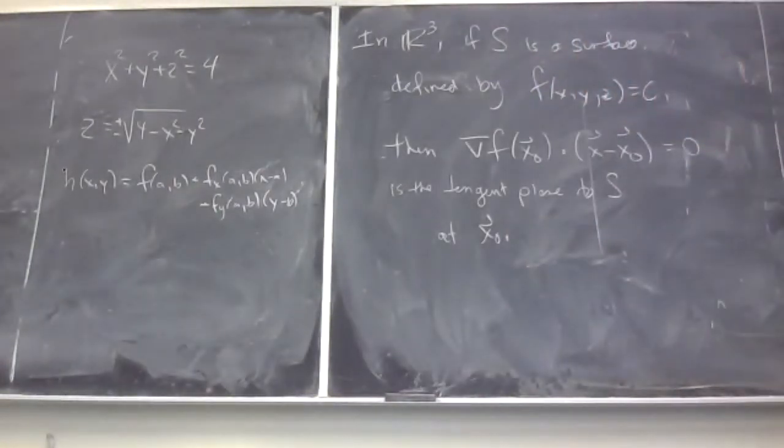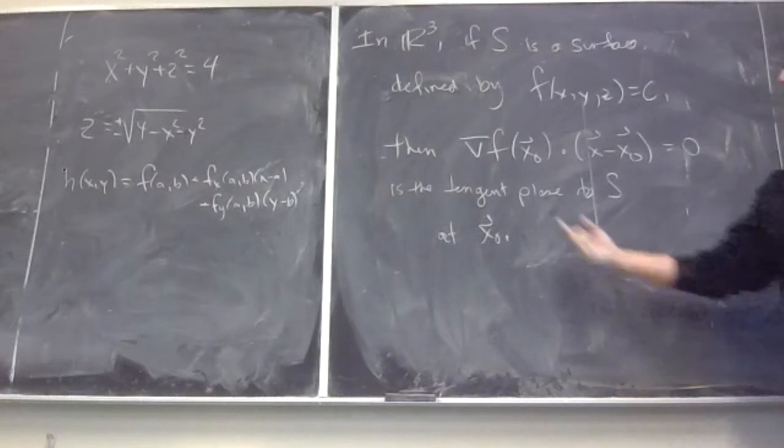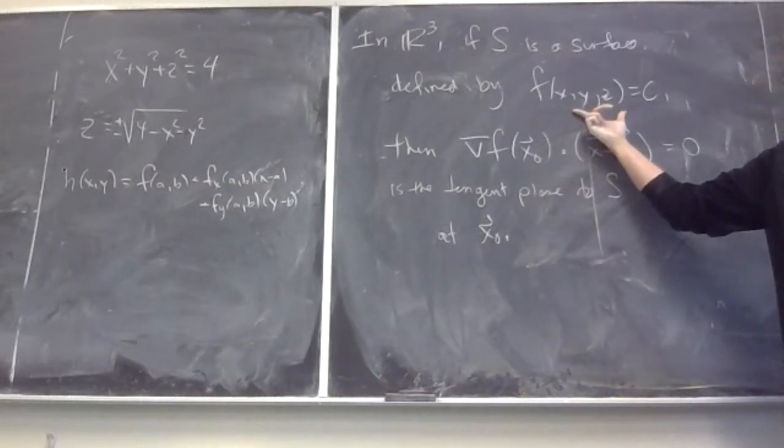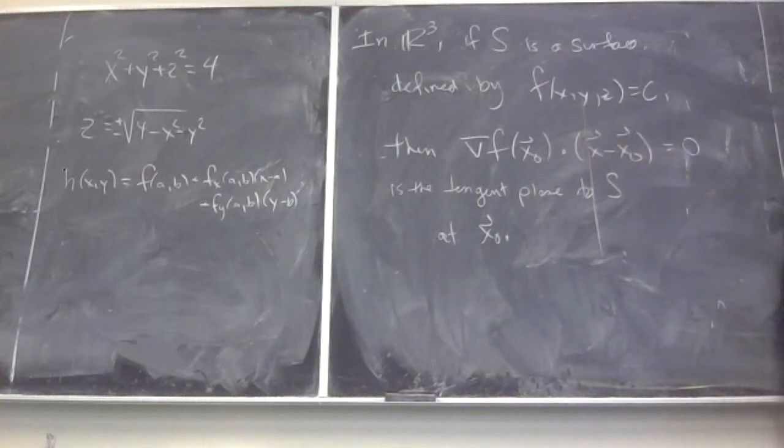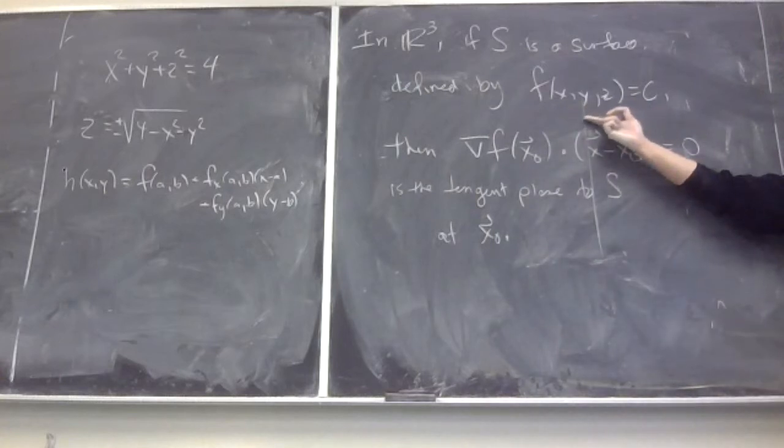Why? I'm actually curious if anyone sees why that theorem must be true. Why must it be the case that, if I compute the gradient, I've started with this very specific setup here: I got some function equal to c. So you can think about this as being a level curve, but a level curve sitting in 3-dimensional space instead of in 2-dimensional space. This function is constantly equal to some value.